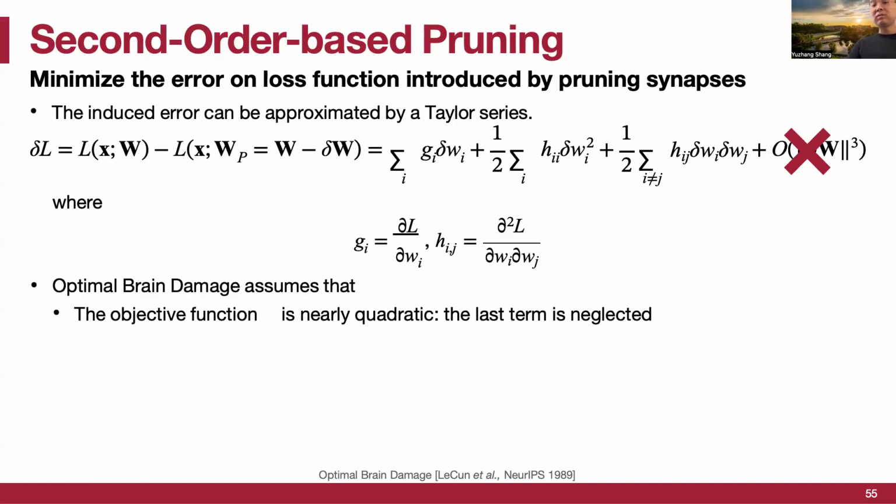They also have an assumption that because the neural network training has converged, the first order derivative of the whole loss function can also be neglected, right? Because for optimizing the neural network, we use gradient descent algorithms, right?